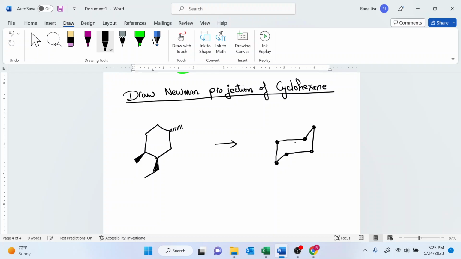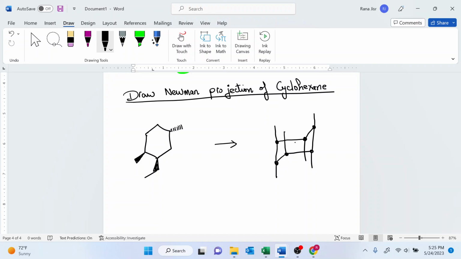Okay, let's go ahead and label the axials and the equatorials. This carbon is up, so its axial is going to be up. The axial of this one is going to be down. The axial is going to be down. This axial is going to be up. And this one is going to be up. And this one is going to be down.